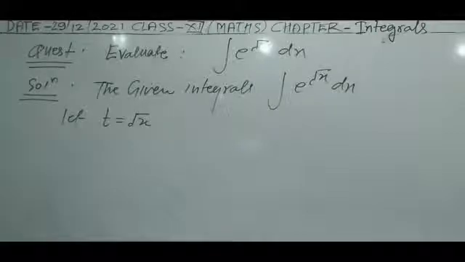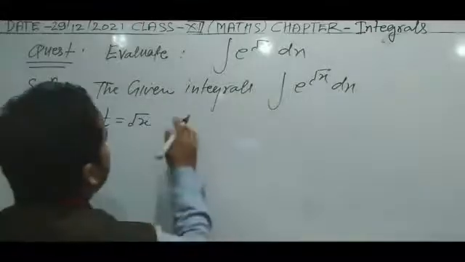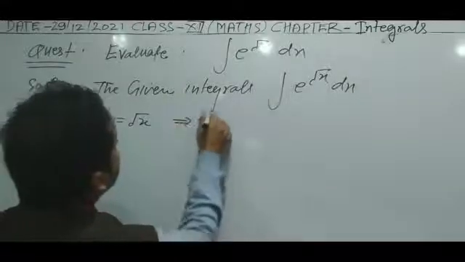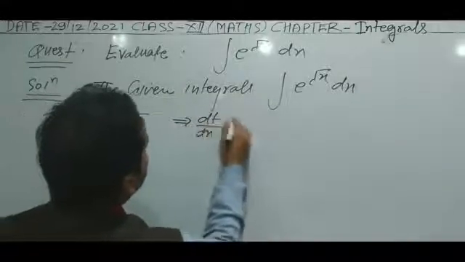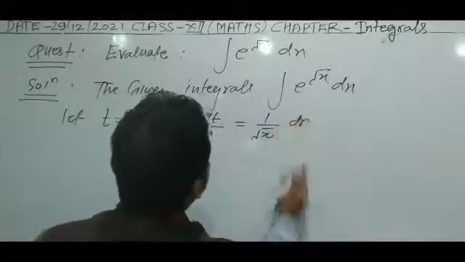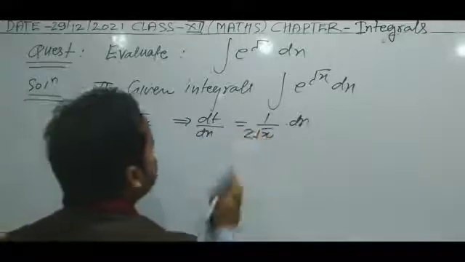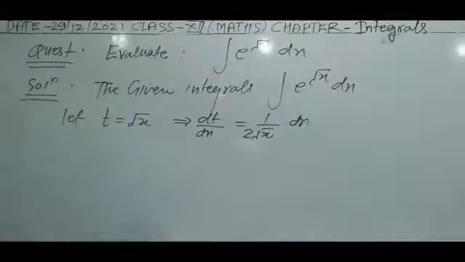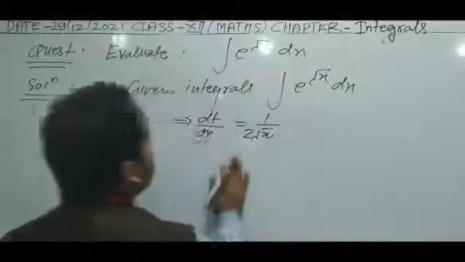So in this question, when you differentiate, you will see one upon 2 root x dx, means dt by dx result is this.